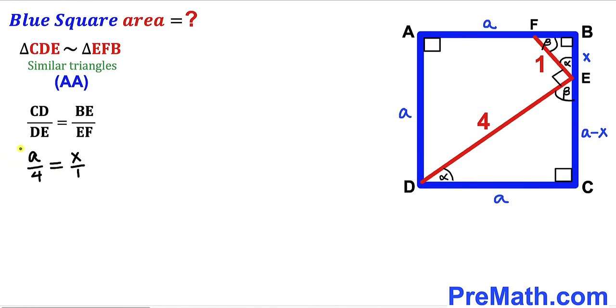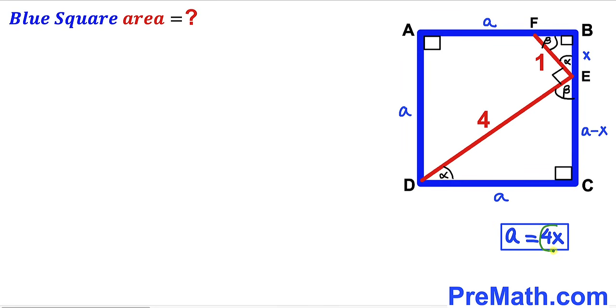Now we are going to cross multiply. If we cross multiply, a times 1 gives us a equal to 4 times x. So a turns out to be equal to 4x. Therefore this CD side length is going to be 4 times x.